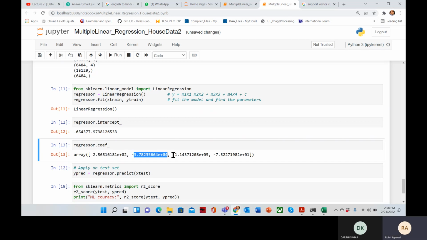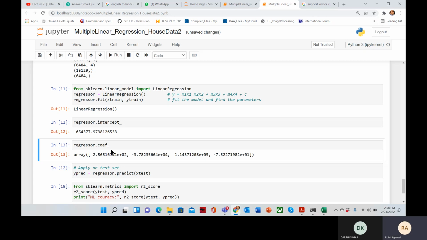Is this clear? Yes, sir. So y equals this into first feature x1, plus this into second feature, plus this into third feature, plus this into fourth feature, plus this intercept.